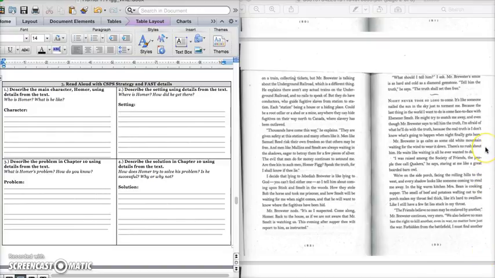Mr. Brewster is as calm as some old white mountain, waiting for the wind to wear it down. There's no rush about him. He waits like waiting is all he ever wanted to do. "I was raised among the Society of Friends, the people thee call Quakers," he says, staring at me like a great bearded barn owl.